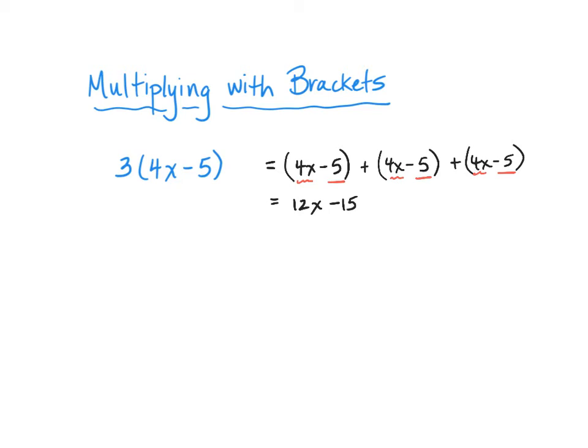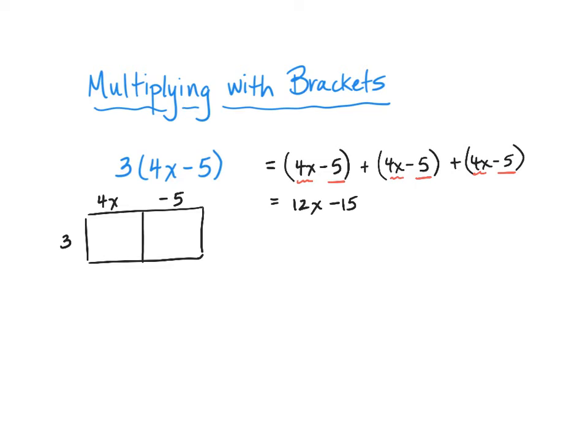When we looked at this last, however, we also examined a diagrammatic approach, which I really like. That diagrammatic approach said that we have 3 of the 4x minus 5's. And what we were able to do is just take this style of representing our thinking to a slightly different way.